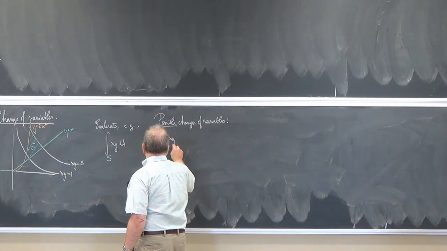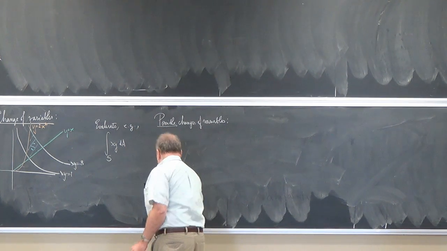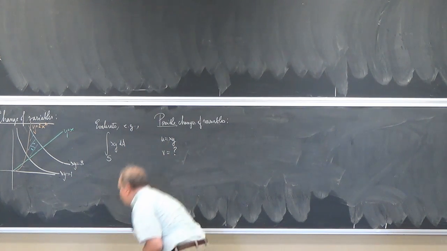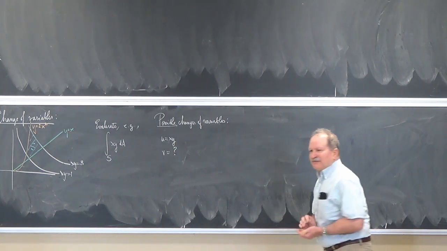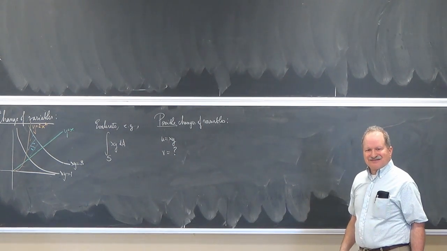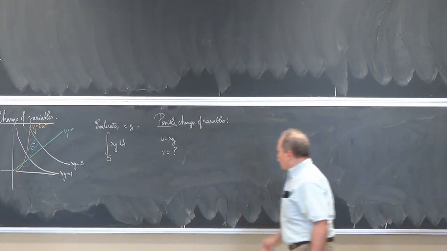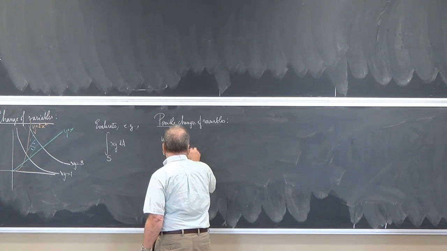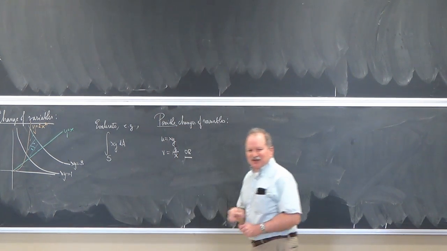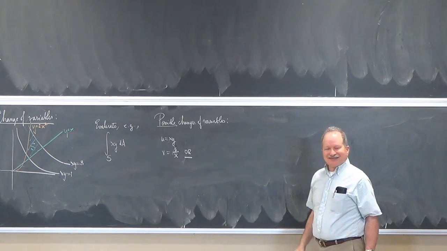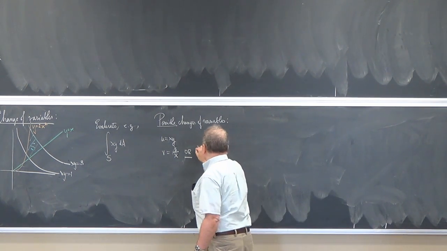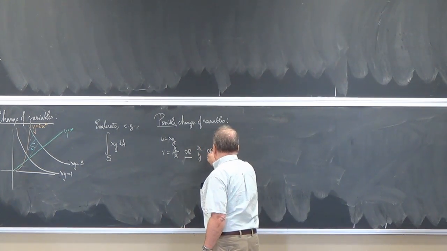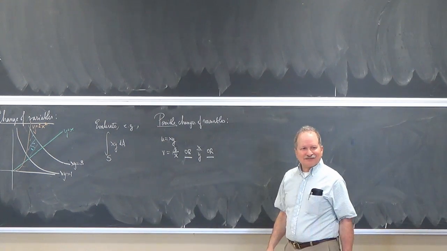But there was some debate about what to use for our second variable. So y over x was one option. What were other things you guys wanted to try? X over y. And then one person said x squared over y.